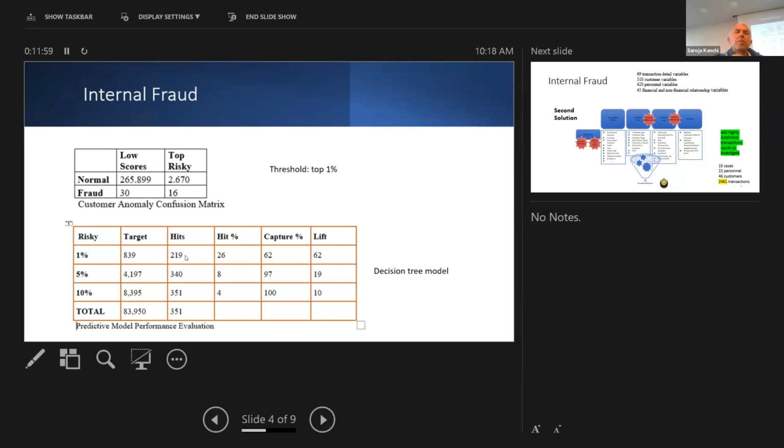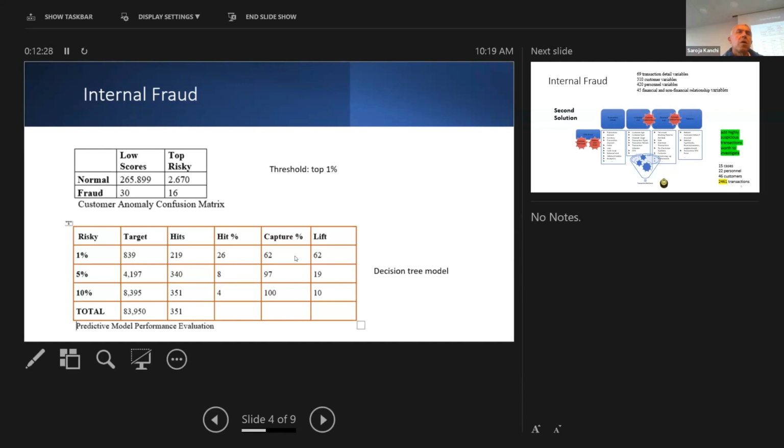So the hit rate was 26%, which is 219 divided by 839. So in total, we had 351 frauds. So the capture rate was 62%, which means 219 out of 351 were captured in the top 1% risky transactions.